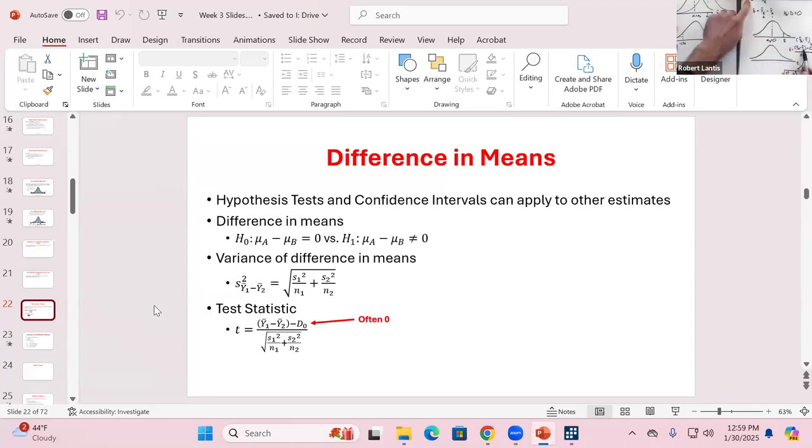Sample statistic, subtract the assumed true value of the population statistic. Here it's easy because it's 0. Divide by the standard deviation of that sample statistic. Here our standard deviation is a little more complicated because we have to add in what the variance would be for each group. But once I get everything plugged in, I've got my test statistic.